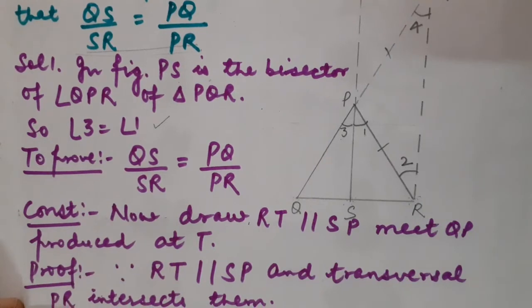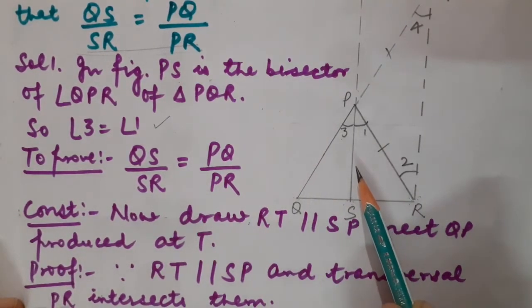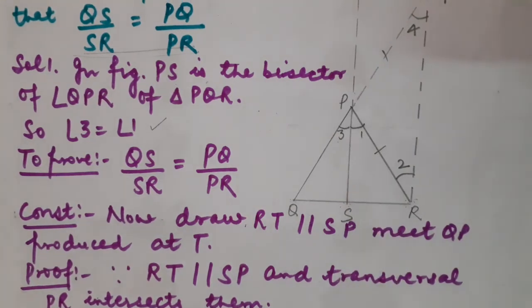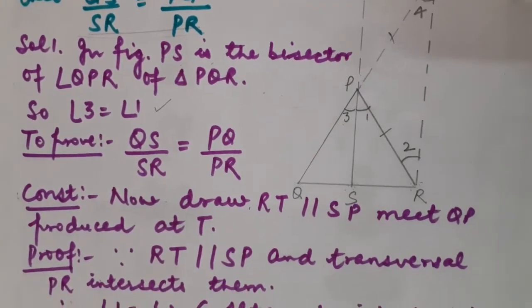Now please be alert. Because in the basic proportionality theorem, I told you that if a line is drawn parallel to one side of a triangle to intersect the other two sides at two distinct points, then the other two sides are divided in the same ratio. So let us check whether BPT is going to be applied over here or not.